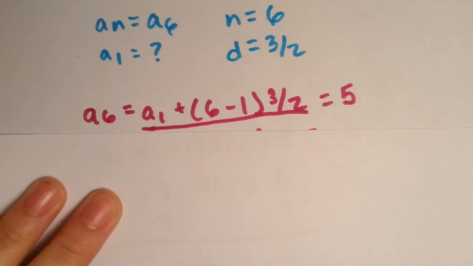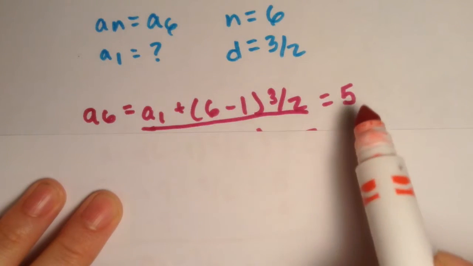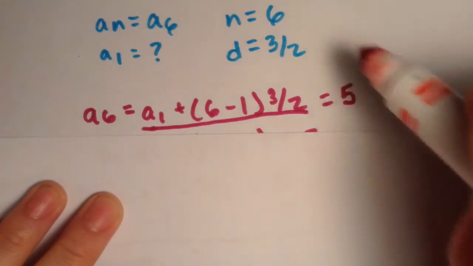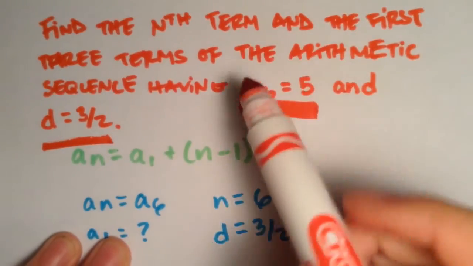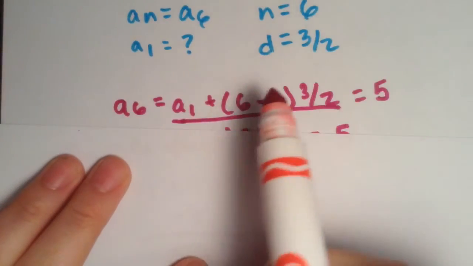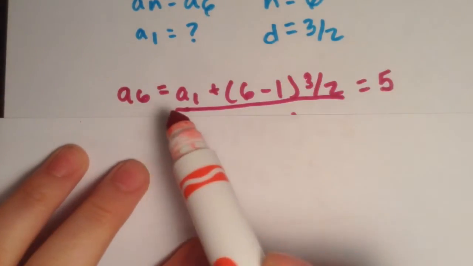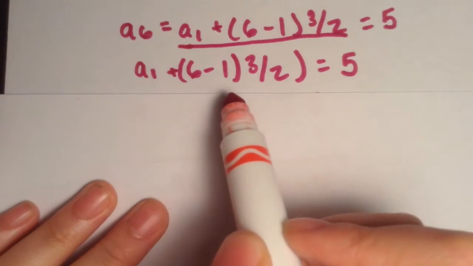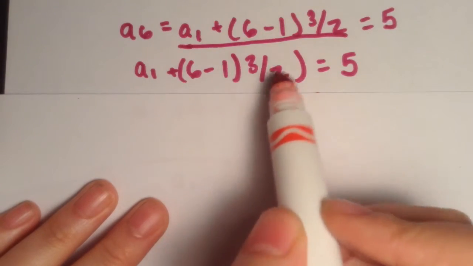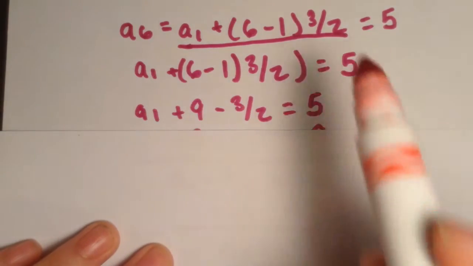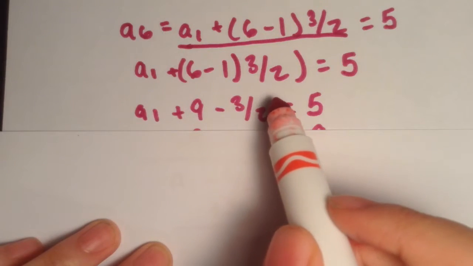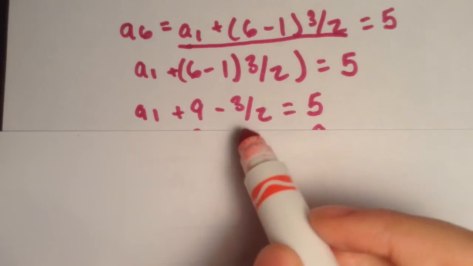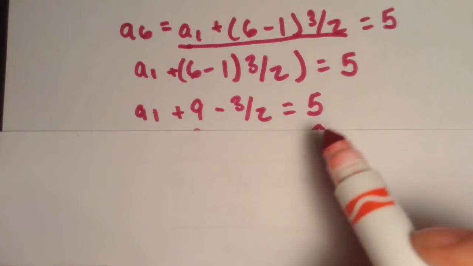In this case, that formula gives me a sub 6 equals a sub 1 plus 6 minus 1 times 3/2, which equals 5, because that is given in the problem. So all of this will equal 5, but we really want to solve for a sub 1. We have to distribute the 3/2: 3/2 times 6 equals 9, and 3/2 times -1 is -3/2, and that still equals 5.